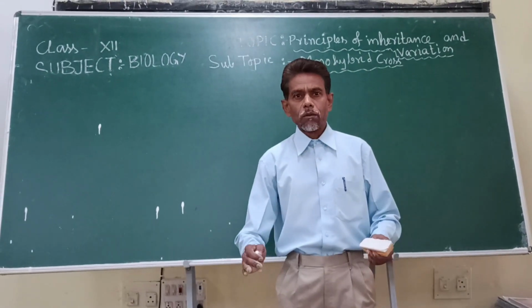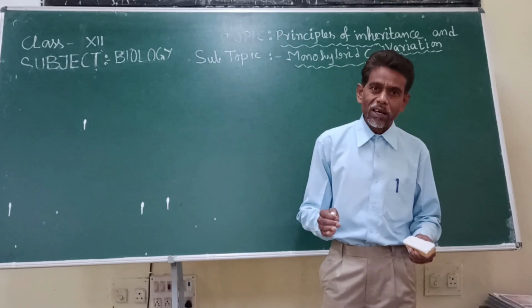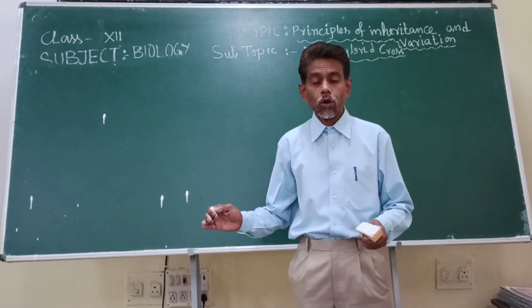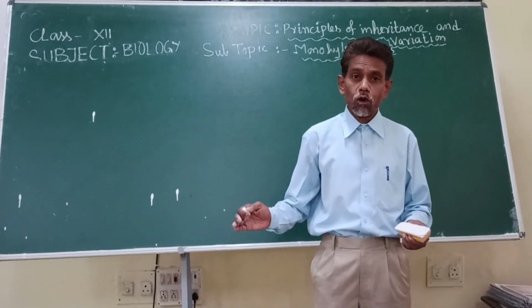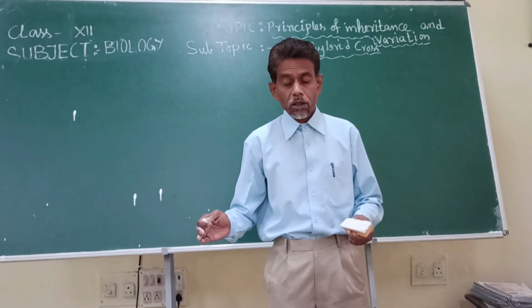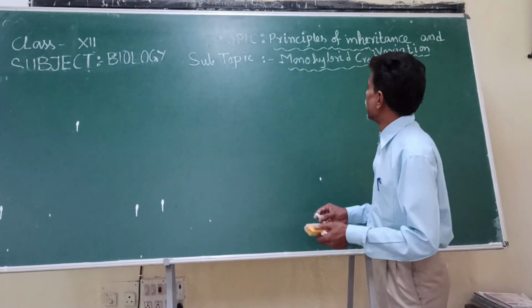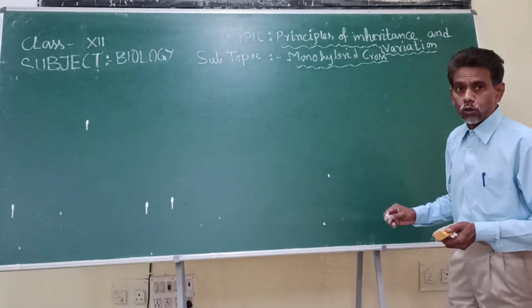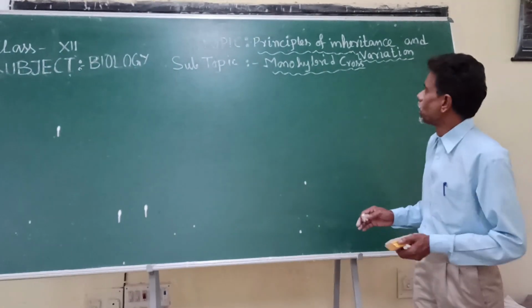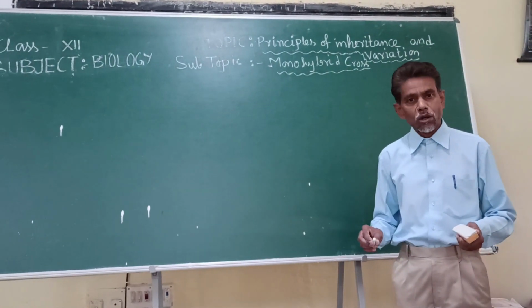I mean to say, what is the governing factor which decides which type of flower, which type of plant, which type of fruit it will give rise to. This all we talk about in this topic, the 5th chapter of your NCERT textbook, Principles of Inheritance and Variation.